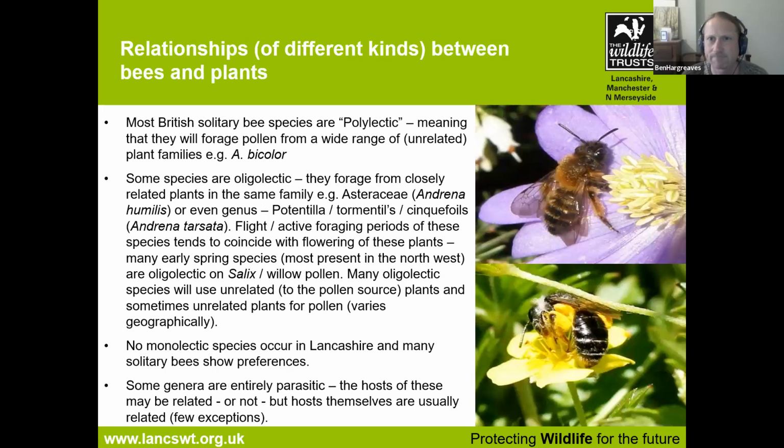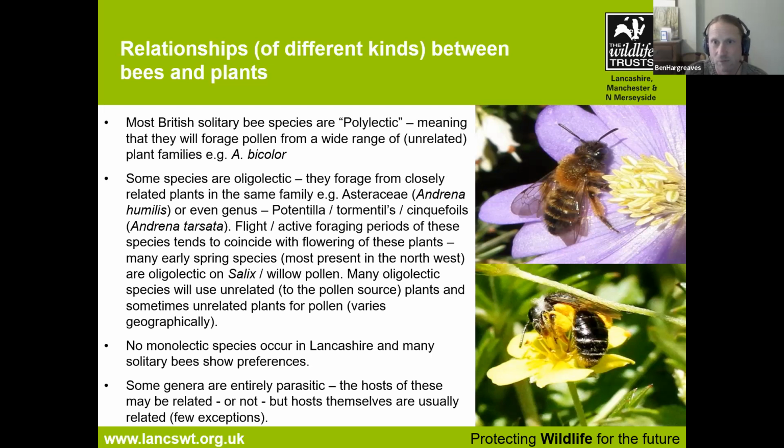Next slide, please. The vast majority of the solitary bees are polylectic. They'll forage pollen and utilise the pollen for the larvae from a wide range of plant families. Andrena bicolor, top right, is a good example of that. Some species are much more restricted in the range, targeting closely related plants from either the same family or even the same genus sometimes.